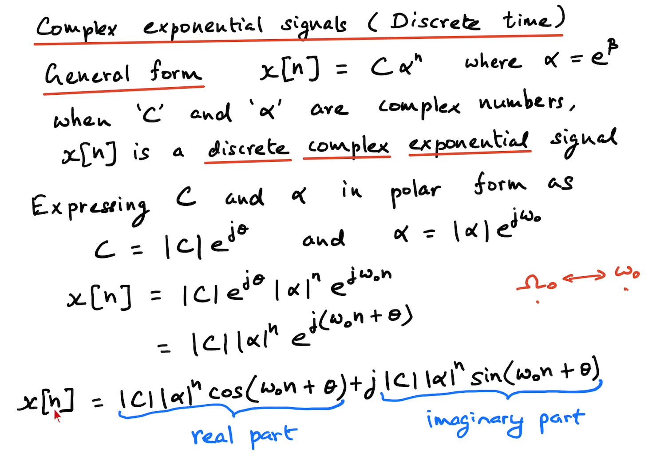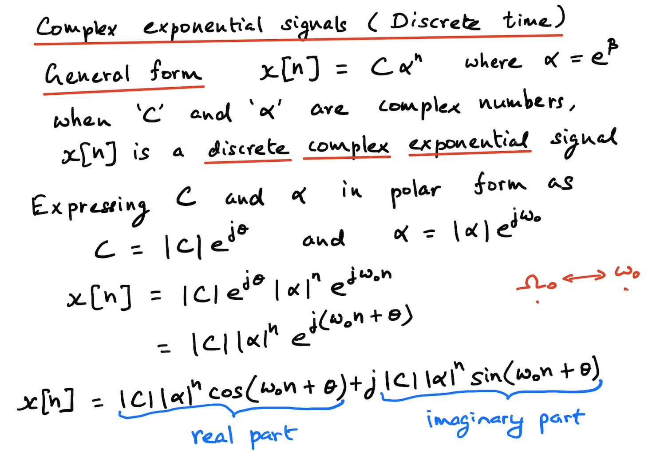And again, the important thing here is that the parameter n, or the index n, takes on only integer values. We cannot have non-integer values for n. Now, just as in the continuous case, we will examine the signal for different values of alpha, because magnitude of c is just going to be a number.